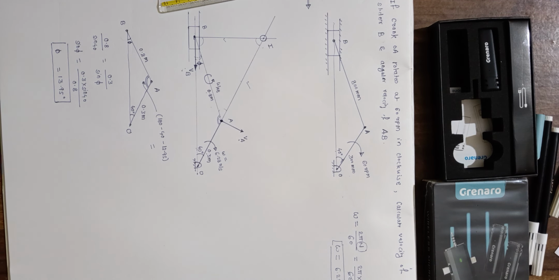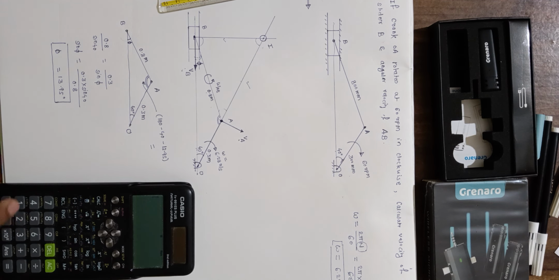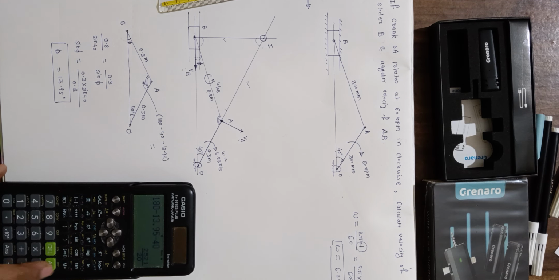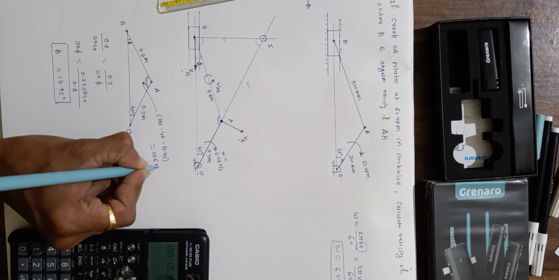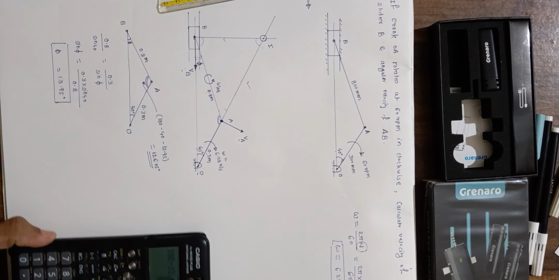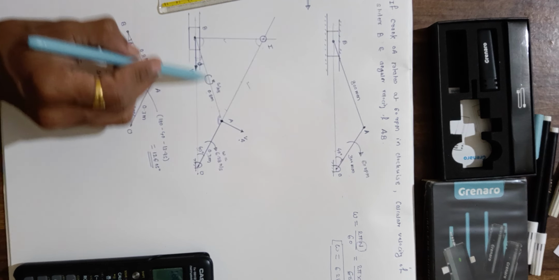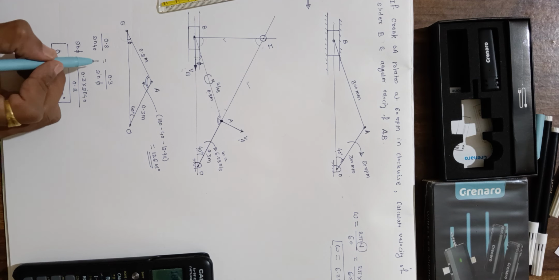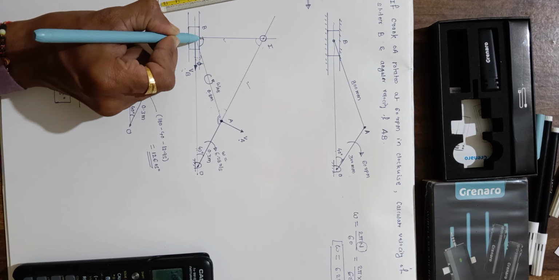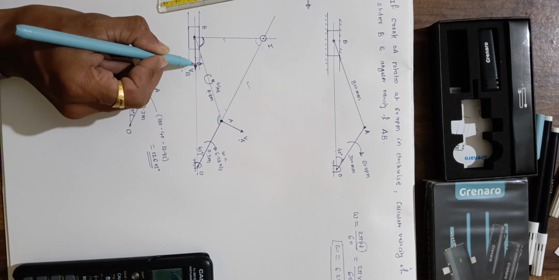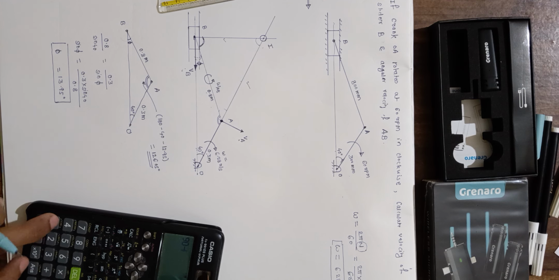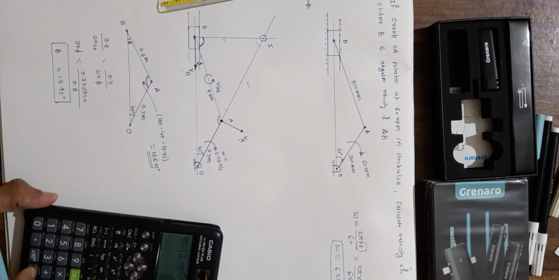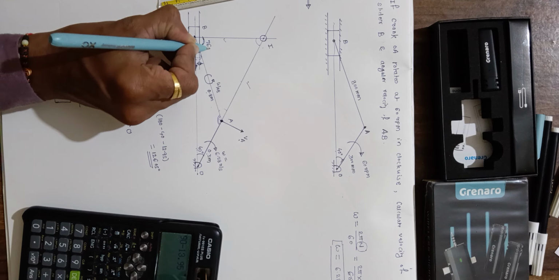So this is equal to 126.05 degrees. Now see this triangle, the triangle of ICR. This angle, that is angle B, is 90 minus phi, so this is 76.05.